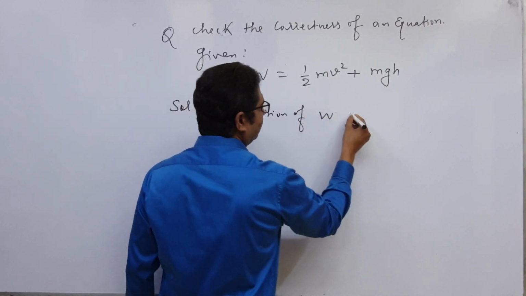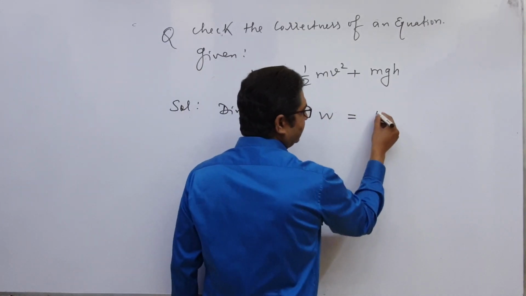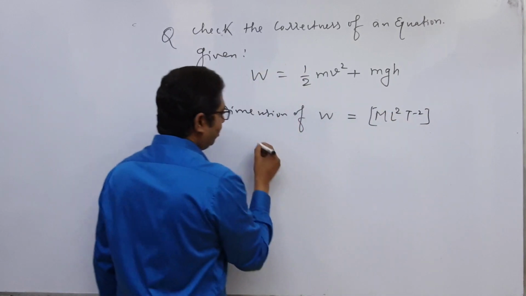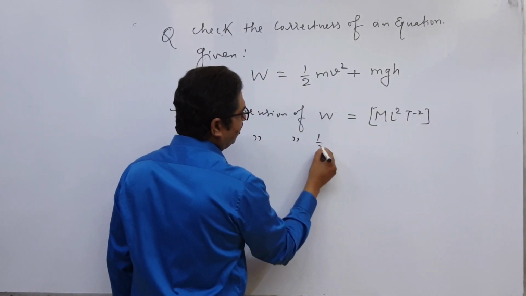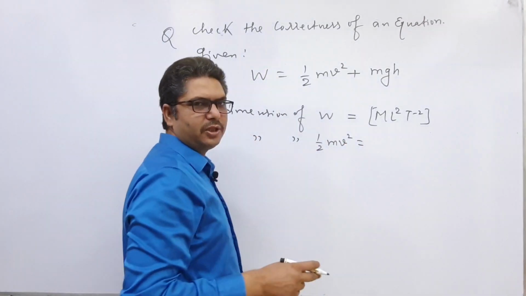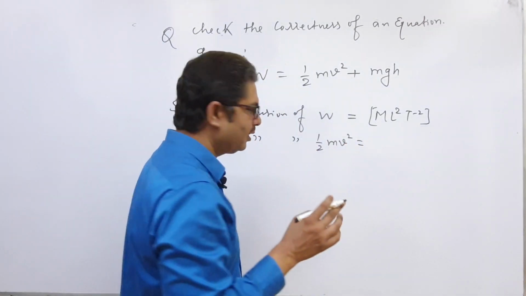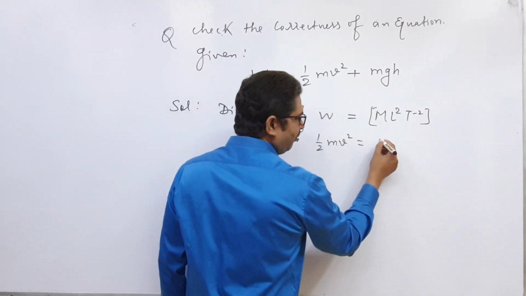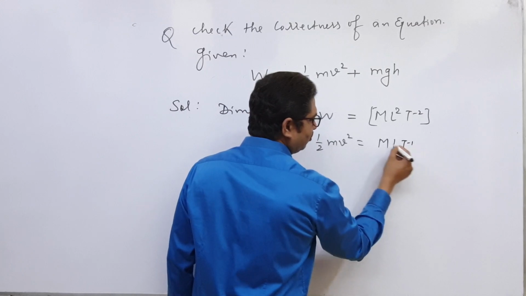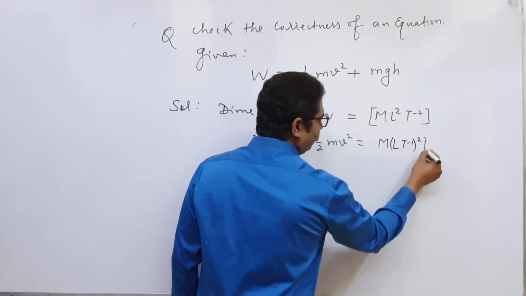of work. We know that this is mL2 t minus 2. Now next is dimension of half mv square. Here half is a constant, it is dimensionless. M mass dimension is m, v velocity dimension L t minus 1, and here you have power 2.